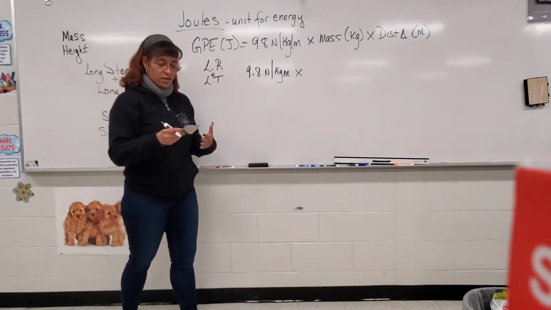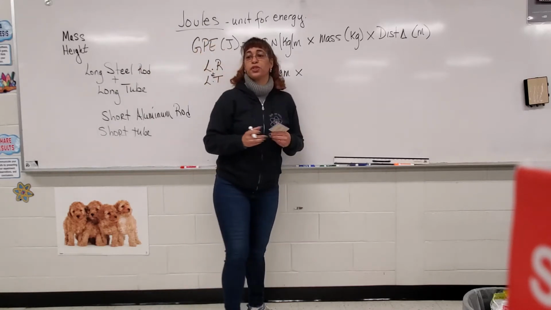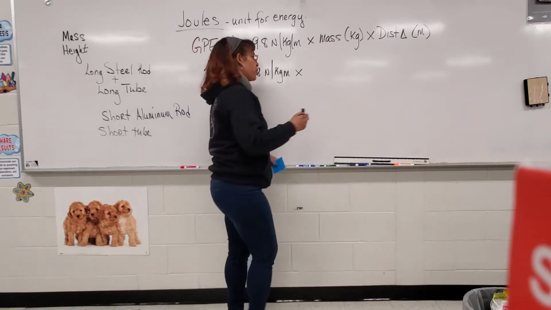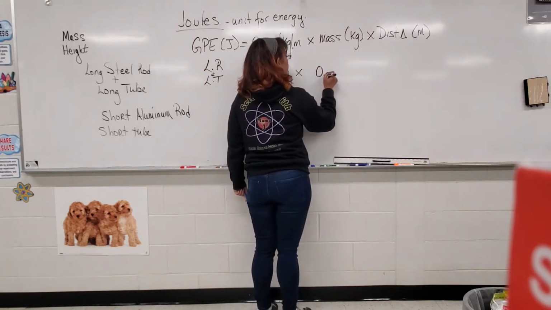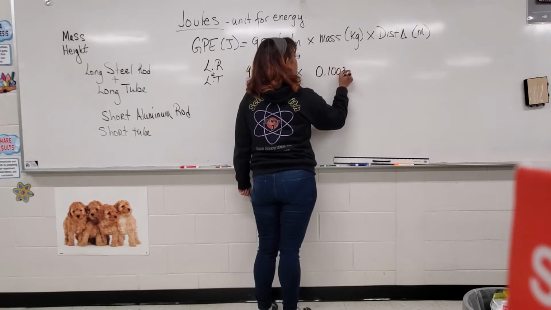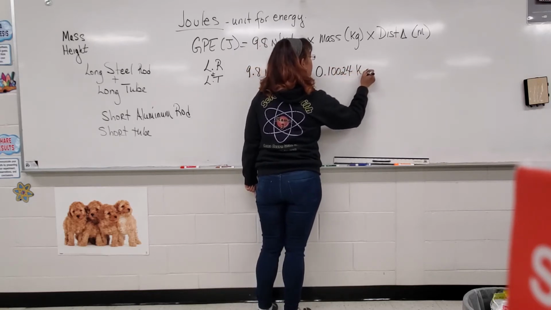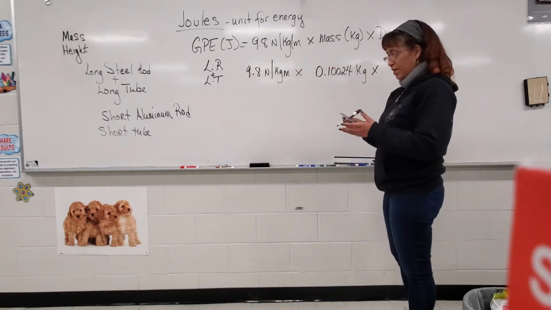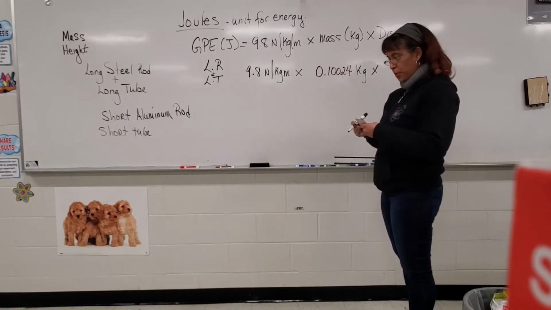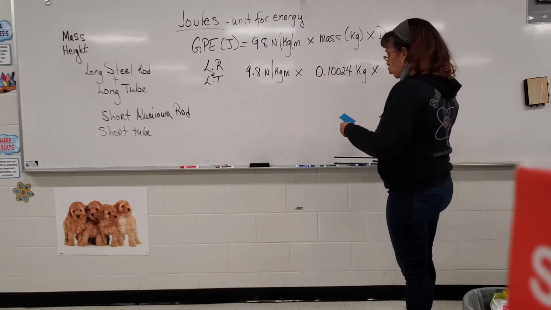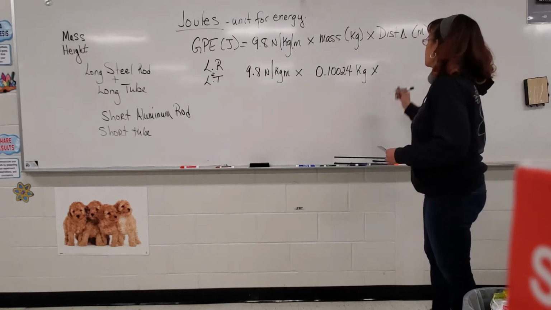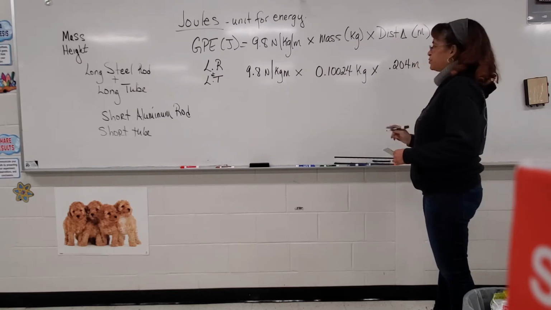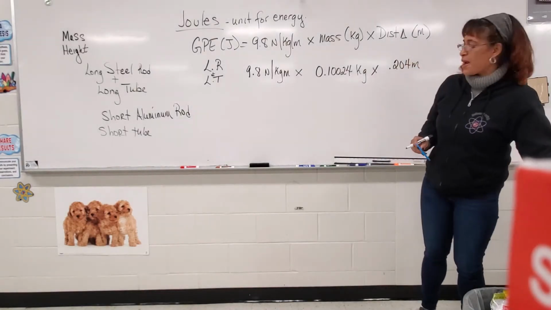The mass of the long steel rod was 100.24 grams, which we must convert to kilograms, so 0.10024 kilograms, times the change in distance. In the long tube, the change in distance was 20.4 centimeters, which converted to meters is 0.204 meters.